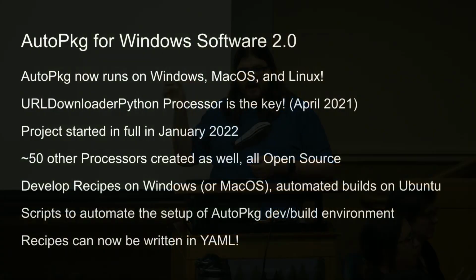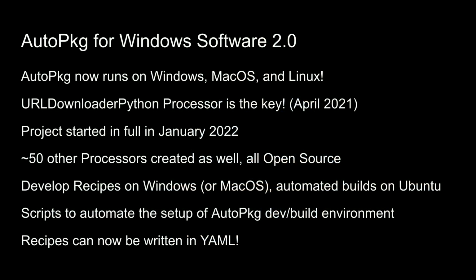Like I said, now it already runs everywhere, and URL downloader Python is basically the key to making this all work, and we're going to get into that a bit more. But this real reworking and focus on this project of using AutoPKG for Windows software really started in full in January 2022, which is not that long ago, maybe basically a year and a half ago.